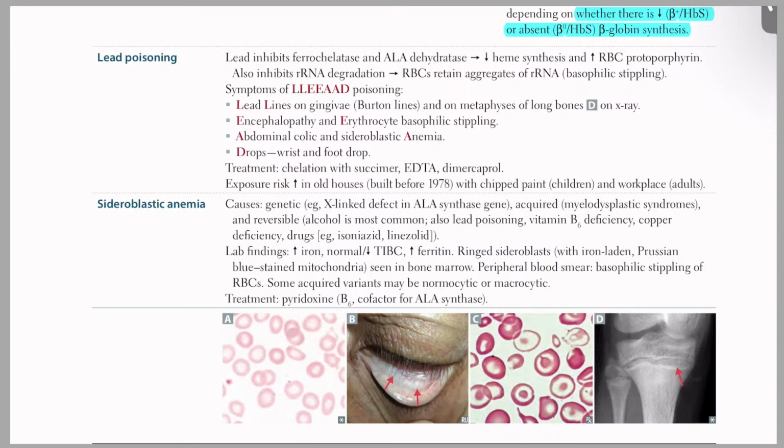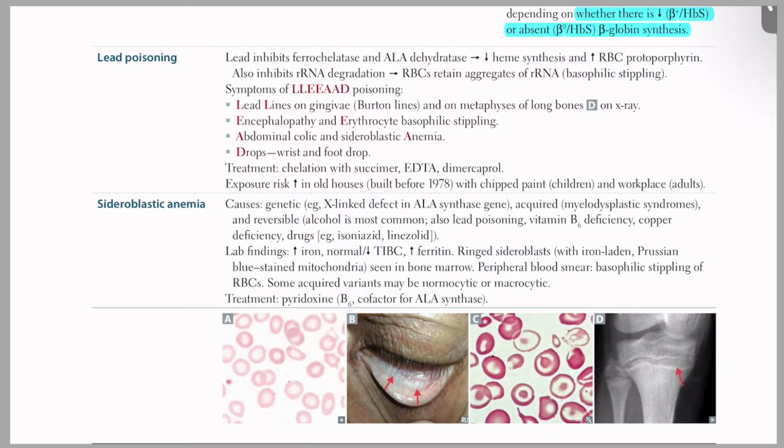Sideroblastic anemia causes: genetic, that is X-linked deficit in ALA synthase gene; acquired, myelodysplastic syndrome; and reversible. Alcohol is most common. Also lead poisoning, vitamin B6 deficiency, copper deficiency, drugs, that is isoniazid, linezolid.